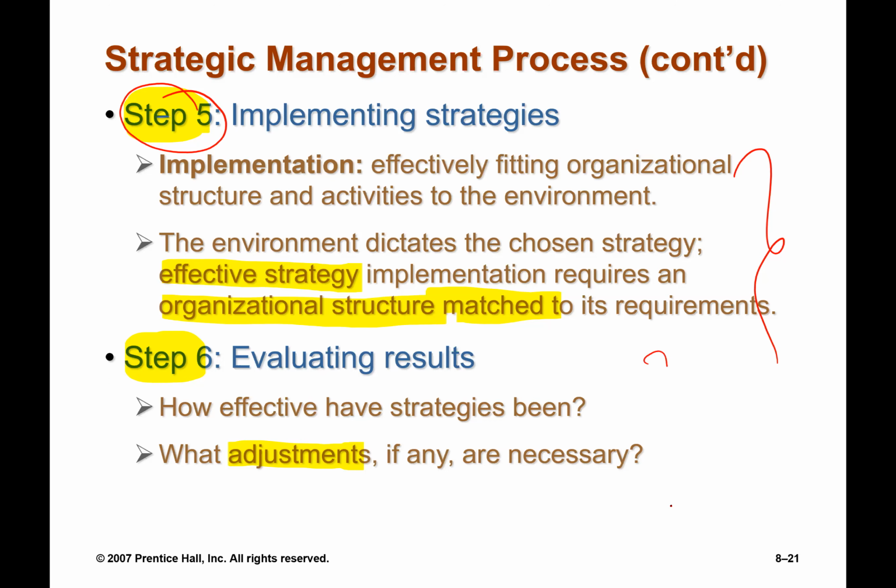And then step number 6 is to evaluate the result. Once you implement, you want to see to what extent you achieve your set target. If you do not achieve it, you have time to recalibrate. So that's why strategic management is not just a once-a-year or 5-year plan.